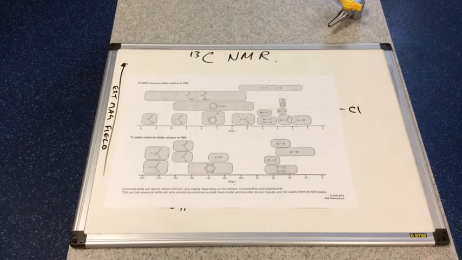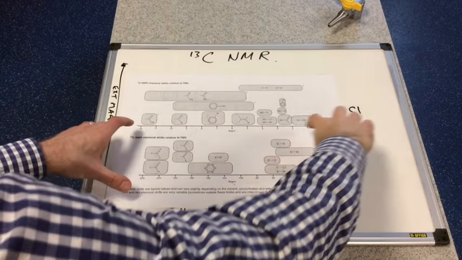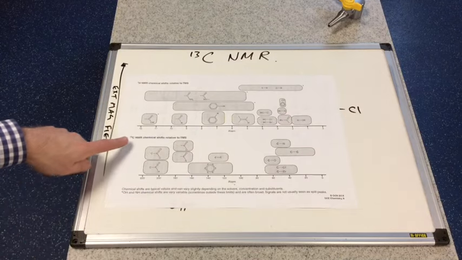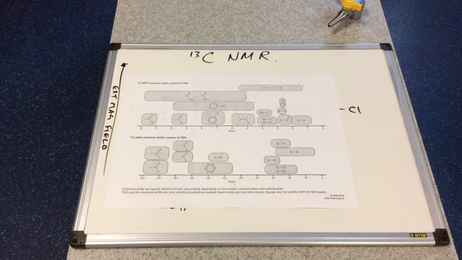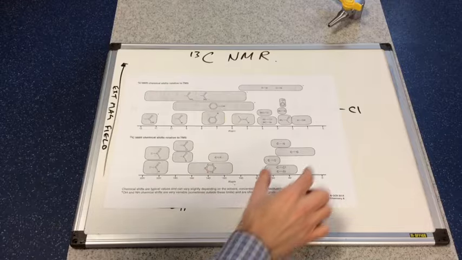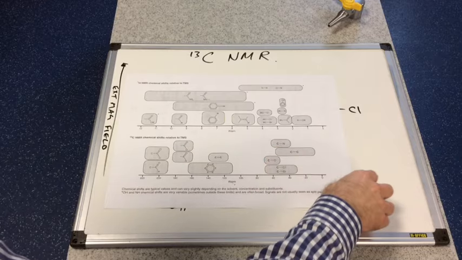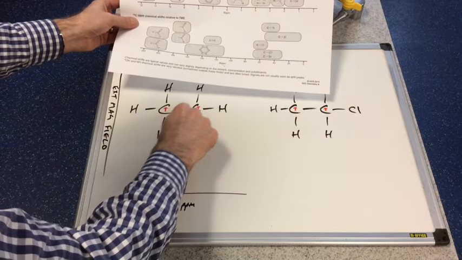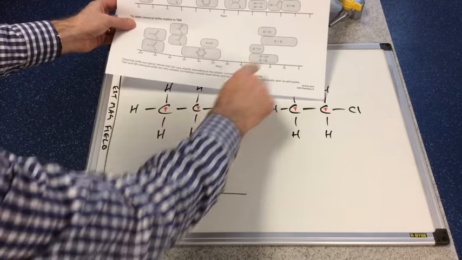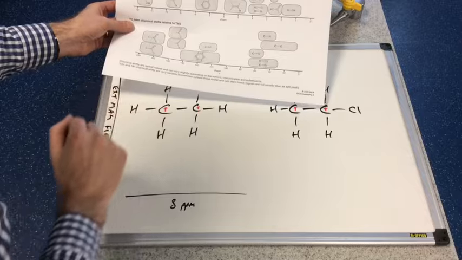So how much energy is it going to take? We can see this bottom part of this data sheet is the carbon-13 section. I'll explain the TMS bit in a while. So we are looking at this environment here. Essentially this carbon is just bonded to another carbon, so it will be classed as this environment here.